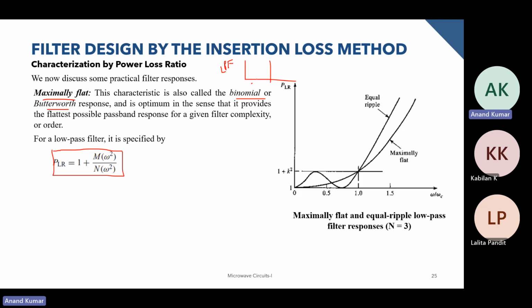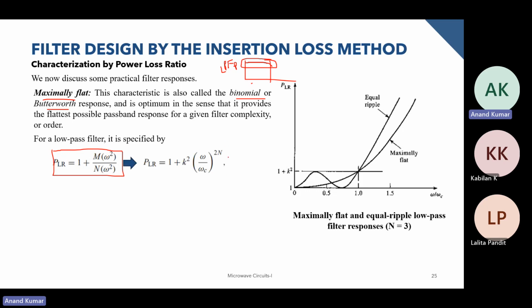If we want a low pass filter, the power received to be maximally flat, very flat over here, then the power loss ratio will have to look something like this.